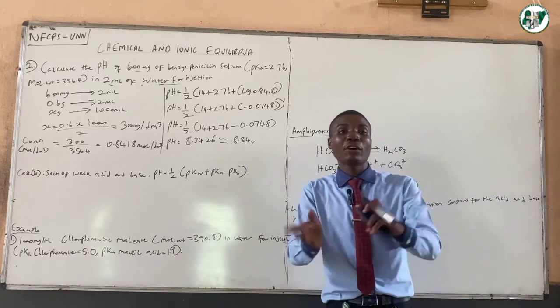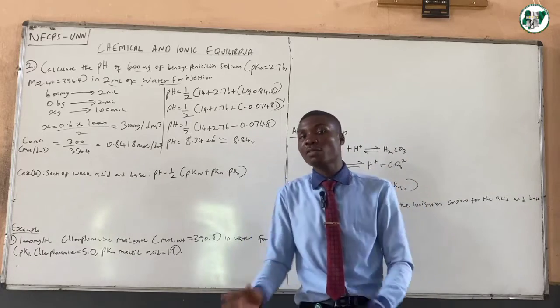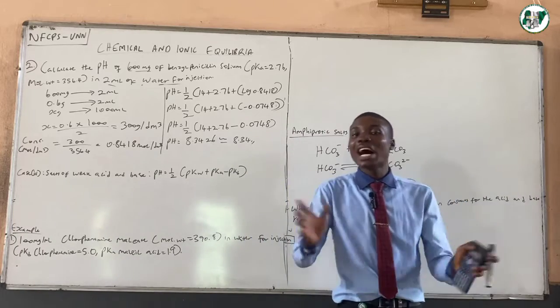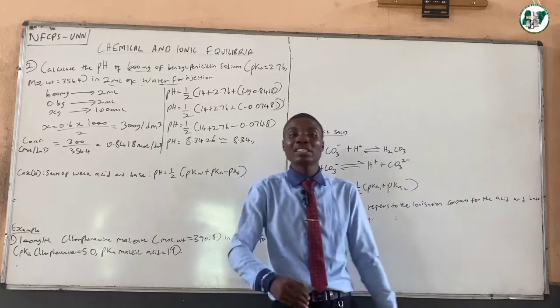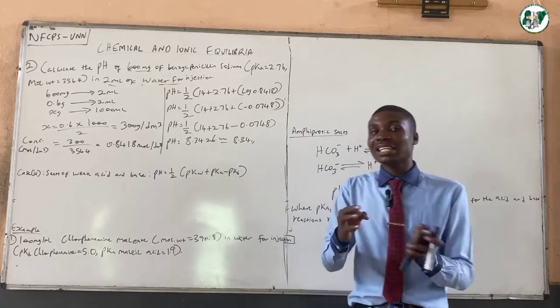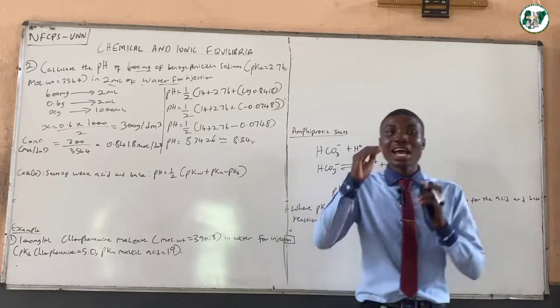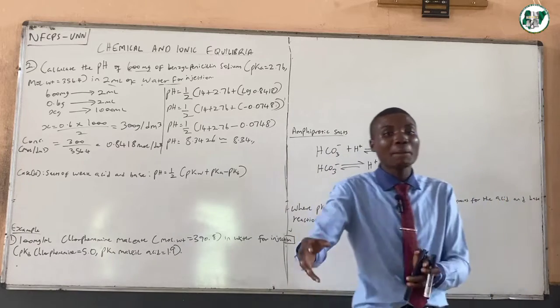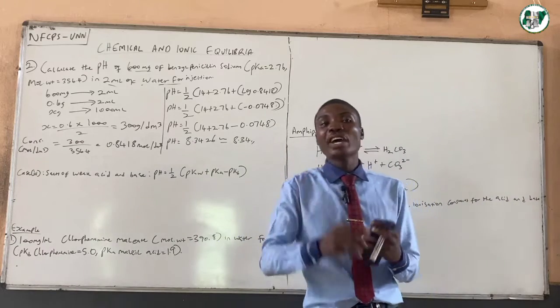Unlike strong acid and strong base, where there's a complete dissociation irrespective of whatever strong acid or strong base, giving a neutral pH. But for weak acids and weak bases, the dissociations for the different acids and the different bases are different. So they have different dissociation constants. Hence, even if it's supposed to be a neutral pH, depending on the weak acid and the weak base that form the salt, you may not have a neutral pH.